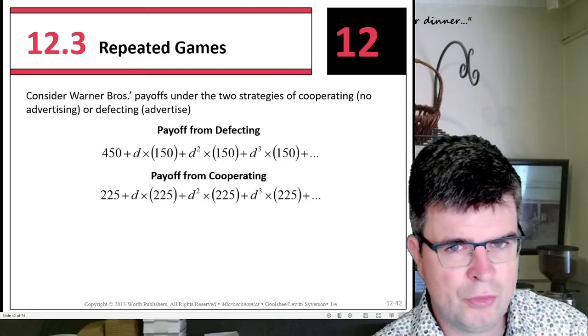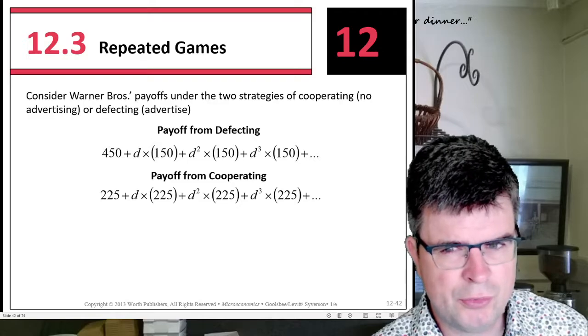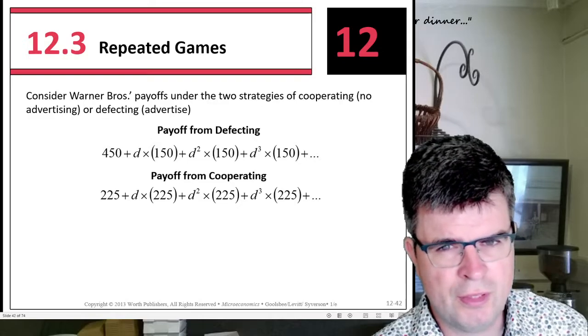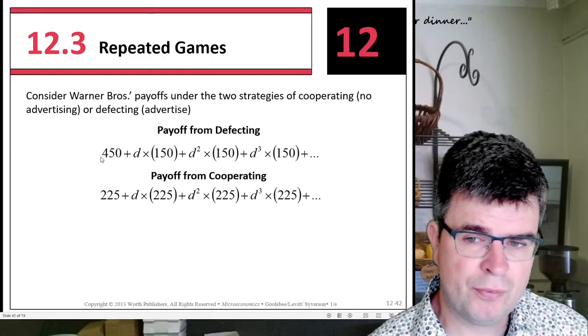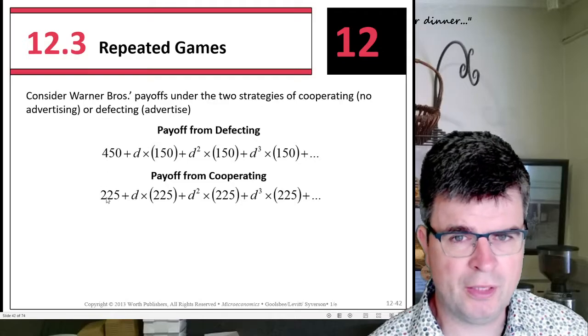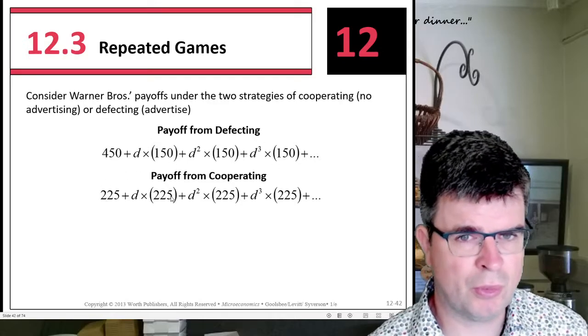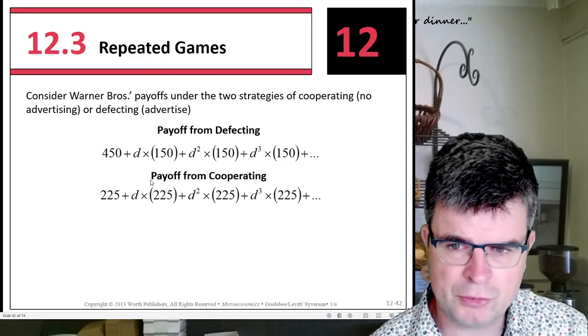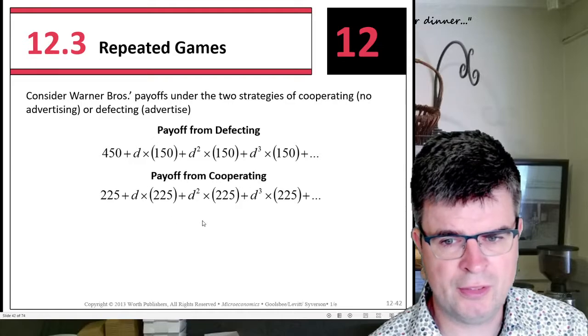So when is it attractive for Warner Brothers to defect, to go for advertising today and reap the 450 instead of the 225? Well, it's attractive to Warner Brothers if this one period increase in payoff outweighs the decrease in future benefits of cooperation. So Warner Brothers will decide to defect if this sum is larger than this sum over here.